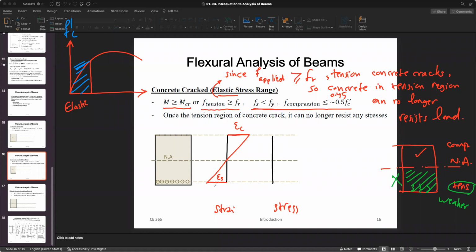This is the steel level. Somebody might ask, why didn't you go all the way to the bottom this time? Why do you just stop at the steel level? I'm pretty sure if I was in class, some of you would already know that. That's why I'm not going all the way to the bottom, because don't forget, it is cracked, so it wouldn't take any more stress at the bottom in the tension region. That's why the deformation and the stress on the steel are what's important for me.